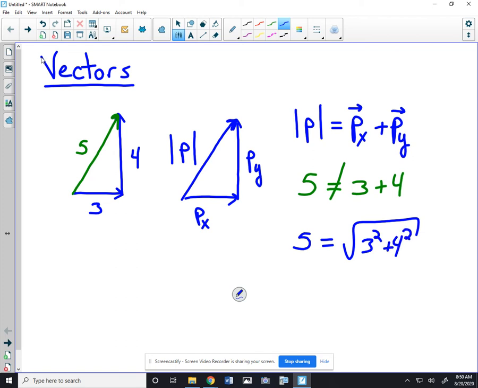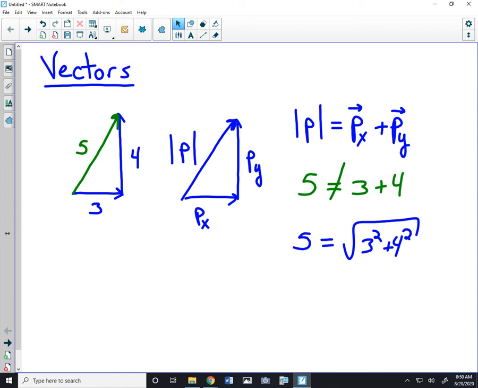Okay. So when we add a vector in the x direction with a vector in the y direction, that creates a right triangle. And so you add those using the Pythagorean theorem, not using straight addition. Right? And so that's one of the things that we're going to be dealing with here.